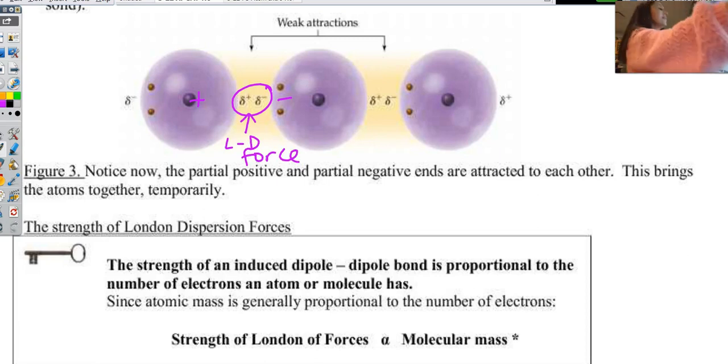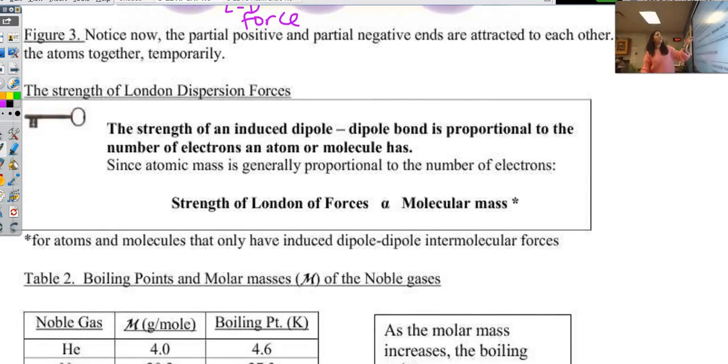Okay, so it says the strength of an induced dipole is actually proportional to the number of electrons that an atom or a molecule has. This is interesting. A lot of times when we look at something, College Board is going to be very intentional about this, they don't actually want you to say that it's according to its molecular mass. They want you to describe why.